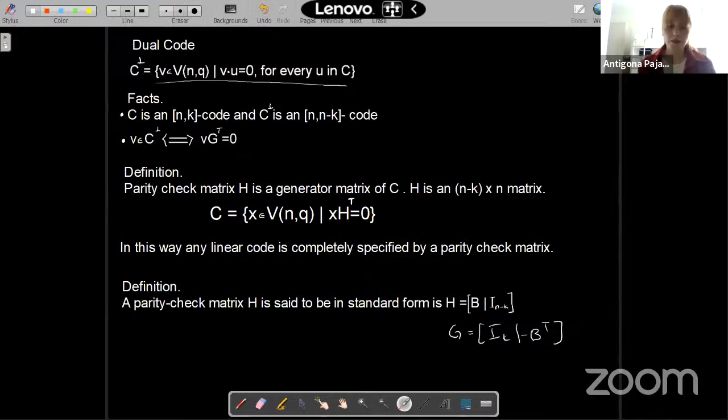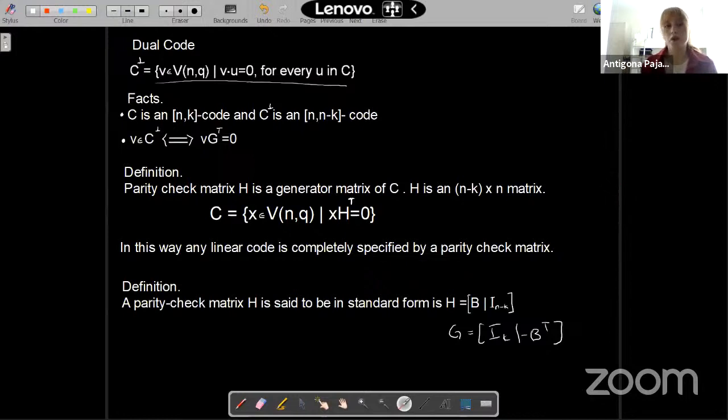What does this mean? Now I can say that this code contains all x in this vector space such that x times the transpose of the parity check matrix is equal to 0. And of course, earlier I said that for G there is a standard form.